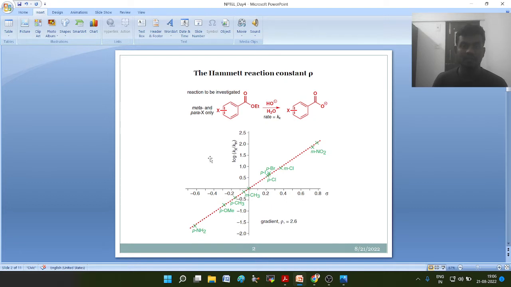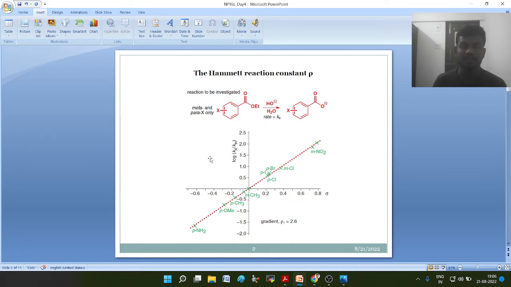Okay, so in the first reaction, which is shown here, the reaction to be investigated is the alkaline hydrolysis, which you can see in the red color, of meta and para substituted ethyl benzoate. Let me read it again. So we are interested in a reaction where it's an alkaline hydrolysis of meta and para substituted ethyl benzoate.